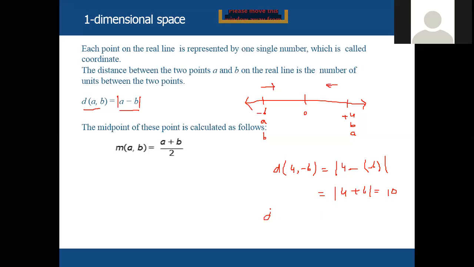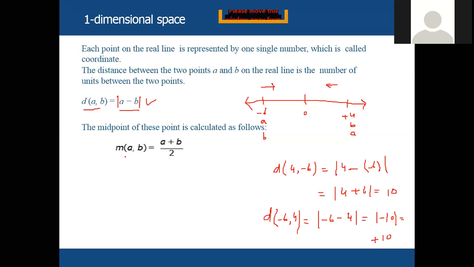Or if you write the distance between minus 6 and 4, first write minus 6 minus b, and b is 4. So that equals minus 10, and the absolute value of minus 10 equals plus 10. So in both cases the result is the same. This is finding the distance between 2 points, so we use this formula, the absolute value of a minus b.